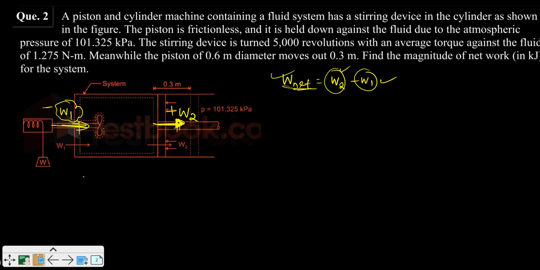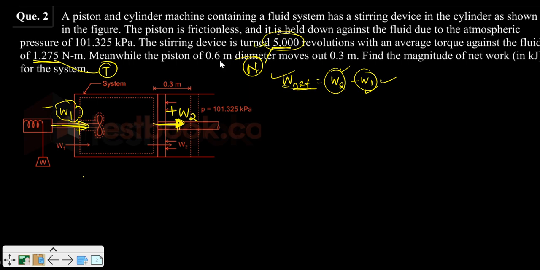So let us find the value of W1 first. The revolutions done by the help of the stirrer is 5000, so this is the value of n. During these n revolutions, the torque is T, which is 1.275.